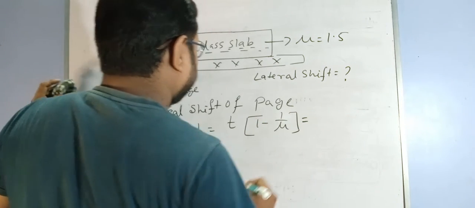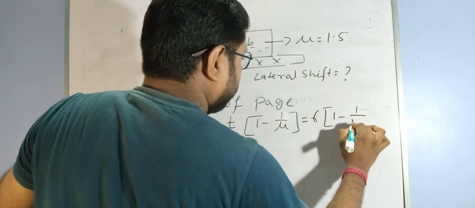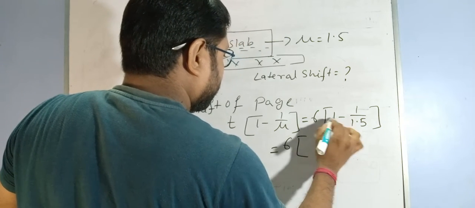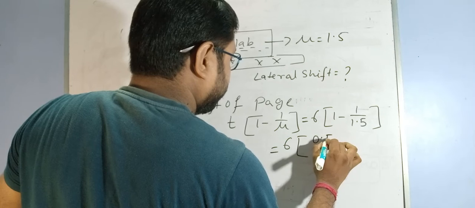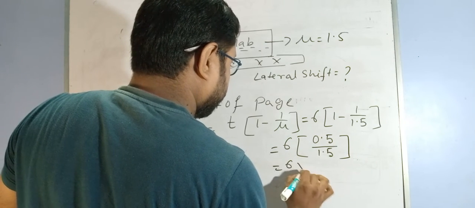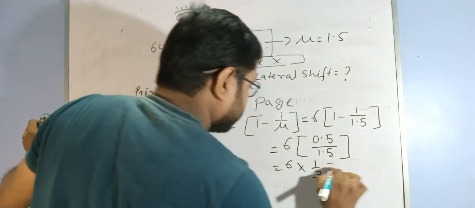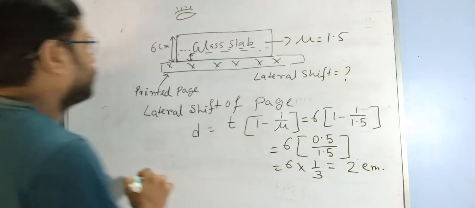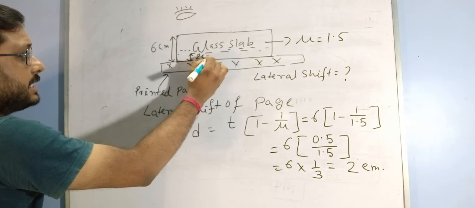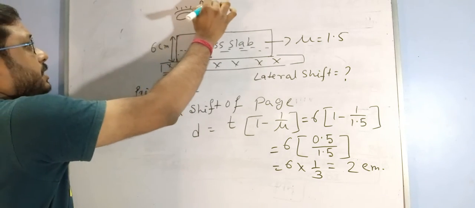That is, 6 cm into 1 minus 1 by 1.5. If we calculate it, 1.5 minus 1, that is 0.5, divided by 1.5, that is 6 into 1 by 3, that is 2 cm. So the shift is 2 cm as we view from the top.